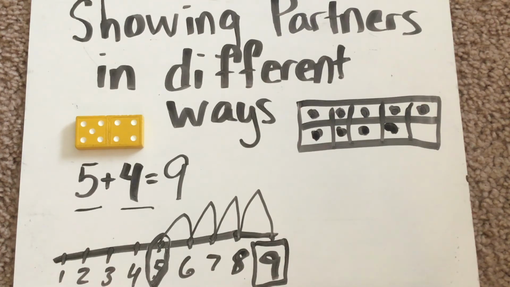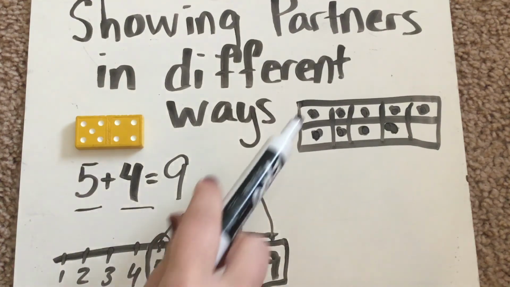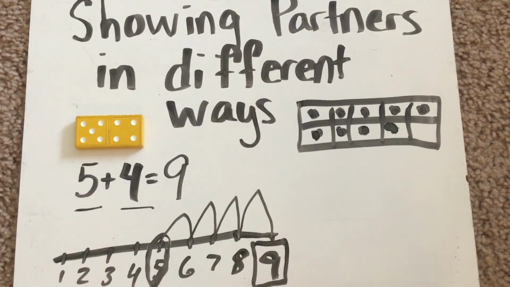So if we are thinking about subitizing this instead of counting it, we know that there are supposed to be 10, but one of them is missing. Can you think about what it would be if we had 10 and we went 1 less? If we took 1 away, it would be 9. 5 and 4 equals 9.